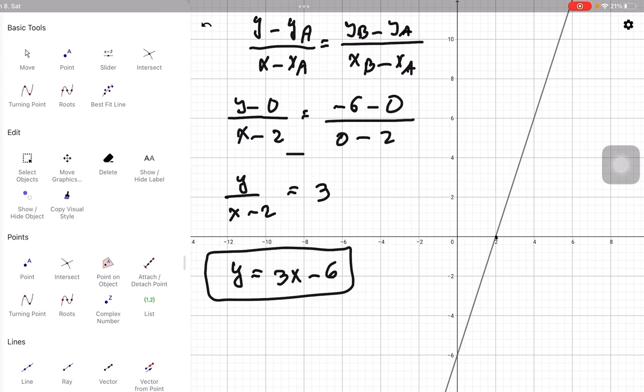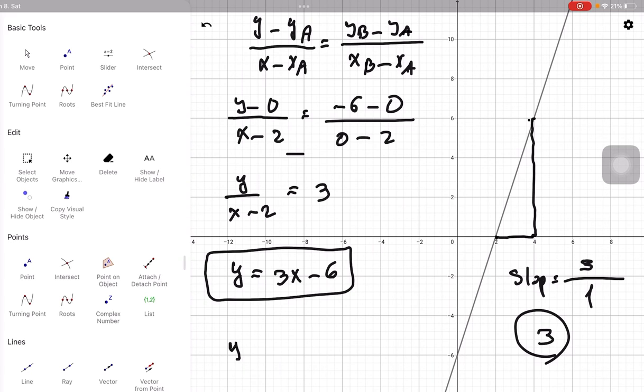The other formula we can use, we can find from the slope. As you see here, the slope equals delta y per delta x. It will be 3 per 1. It is 3.